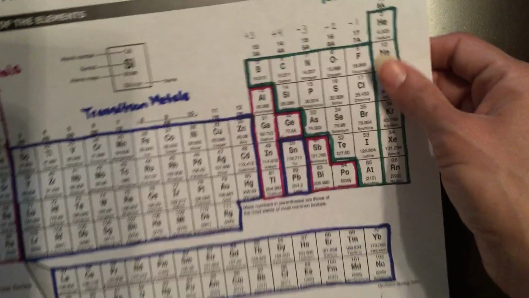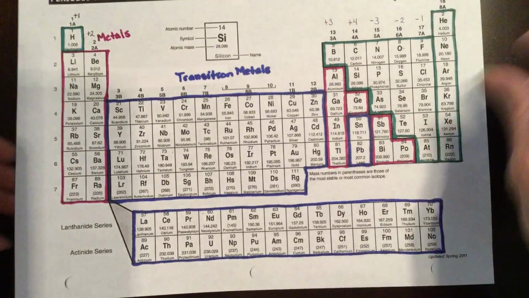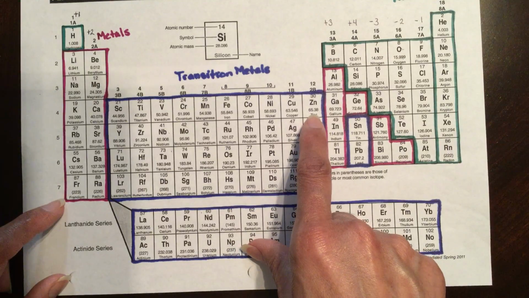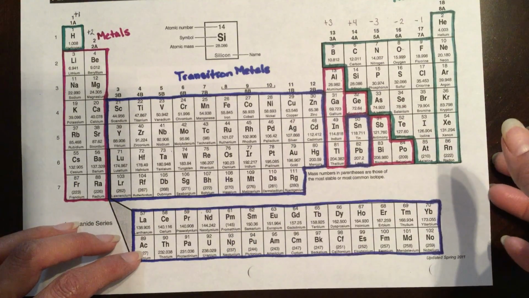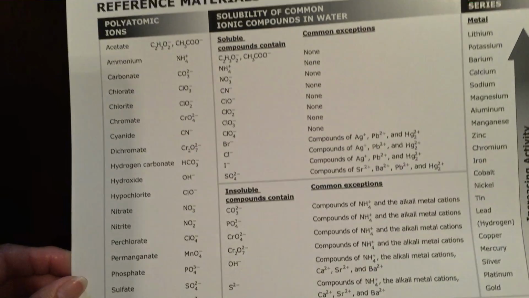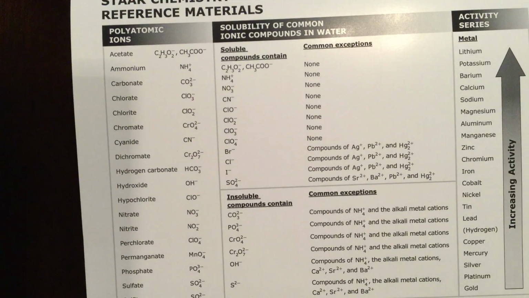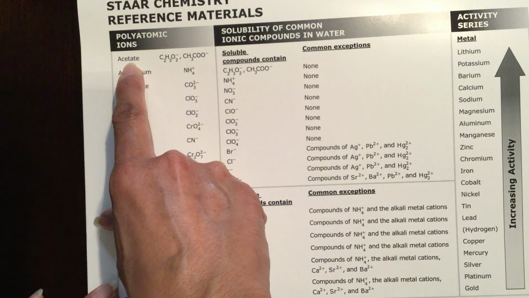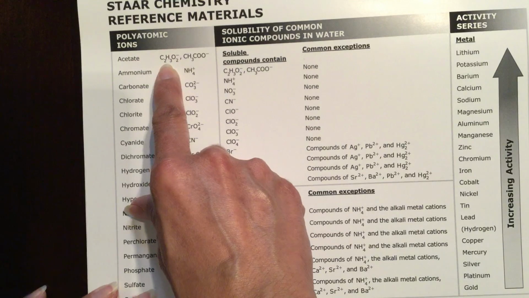And if I look on my lovely little periodic table here, zinc is definitely a transition metal, so yes, we're going to keep on doing it. And then it says acetate. ATE, polyatomic ion list.